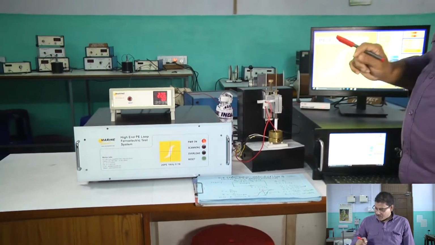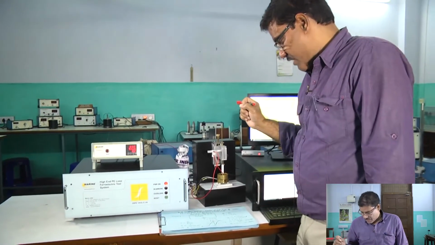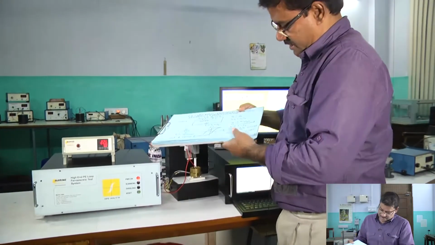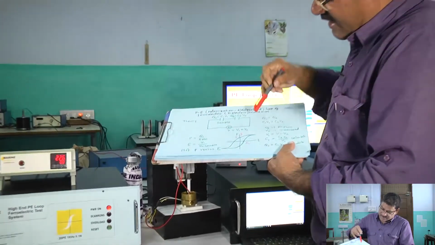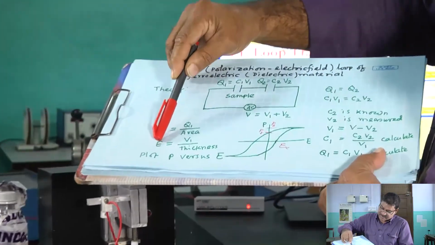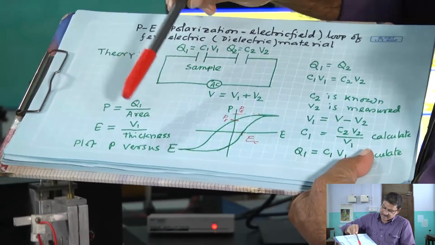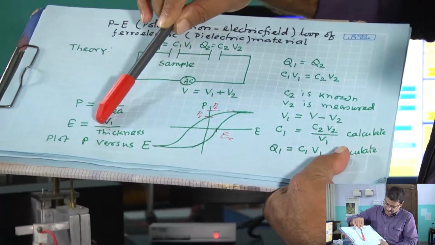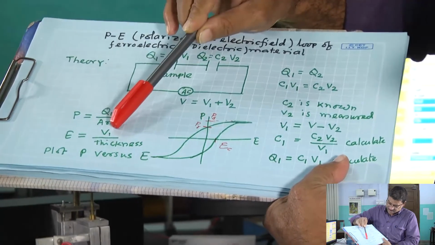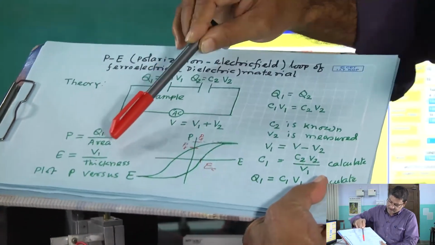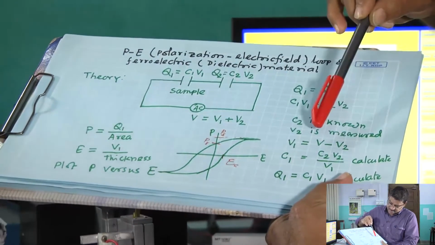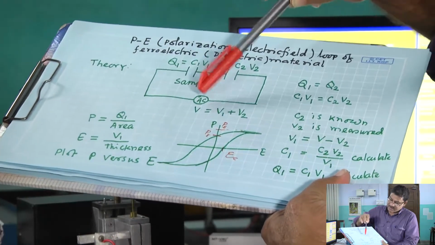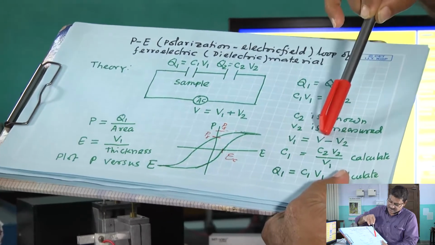So, basically I will change the electric field from here. I have to vary V1, so it should be different. How can V1 be varied?